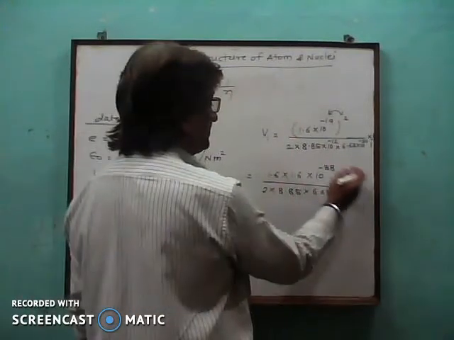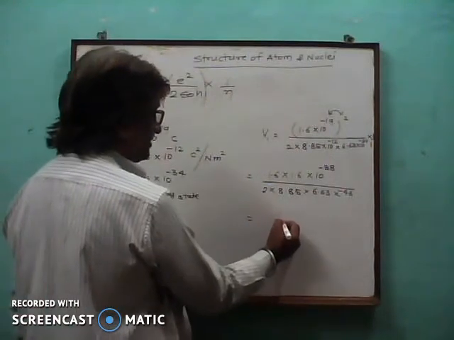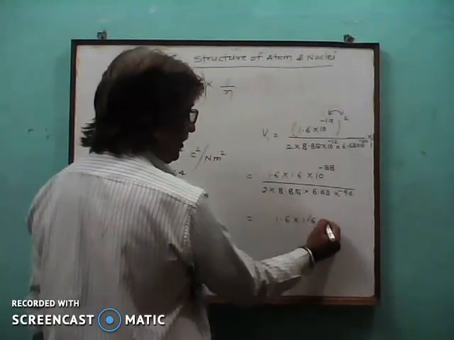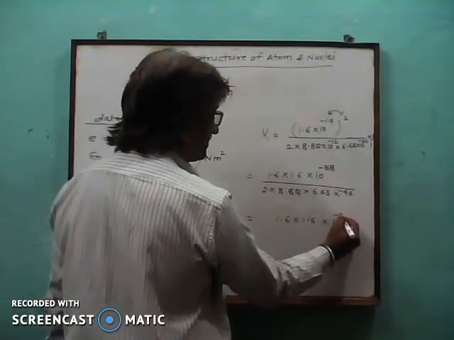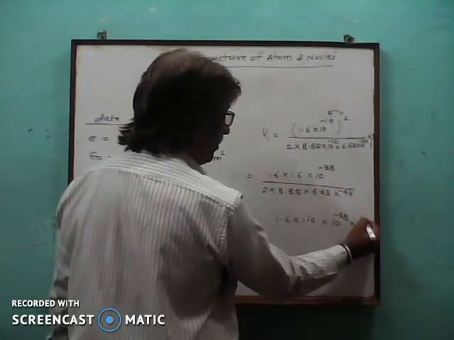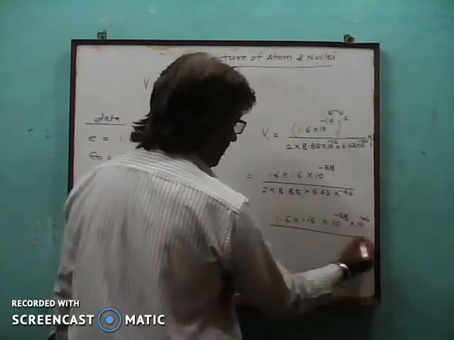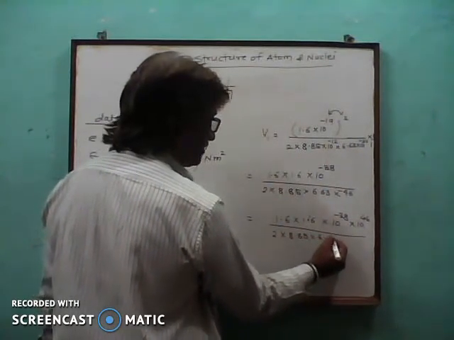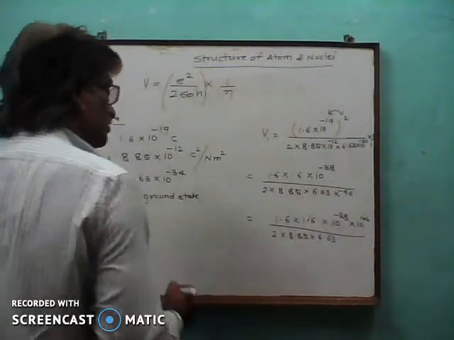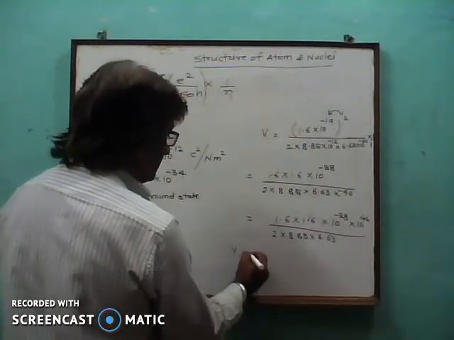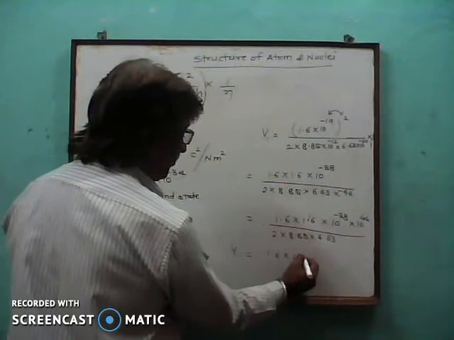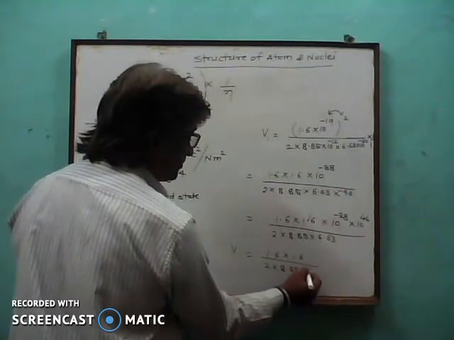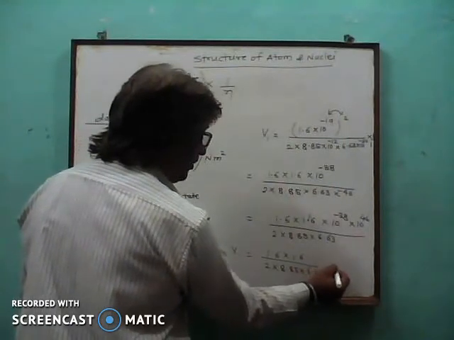If minus 46 is taken to the numerator, your answer will be 1.6 into 1.6 into 10 to the power minus 38 into 10 to the power 46 divided by 2 into 8.85 into 6.63. So v1 is equal to 1.6 into 1.6 divided by 2 into 8.85 into 6.63 into 10 to the power 8.